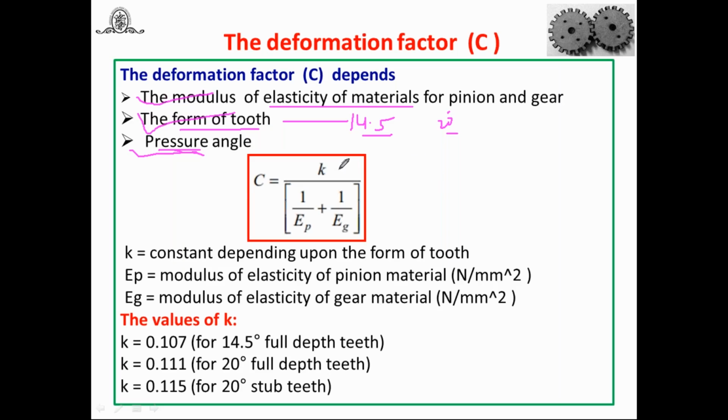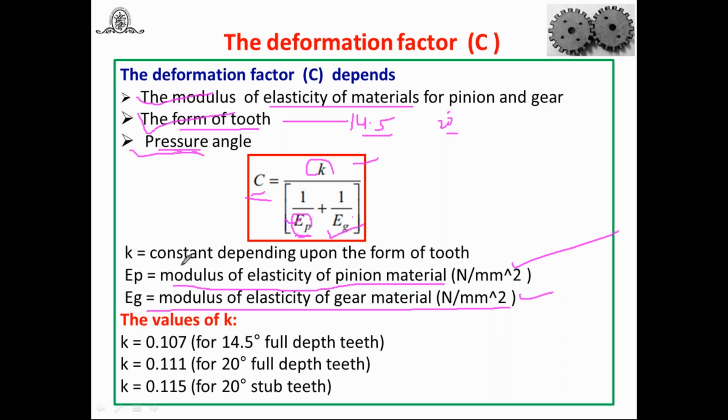If the modulus of elasticity for the pinion material and for the gear material are known to you, you can find C by using this relation, C is equal to K upon (1 upon EP plus 1 upon EG). EP and EG are the moduli of elasticity of the pinion material and of the gear material in Newton per mm square. You can substitute here.